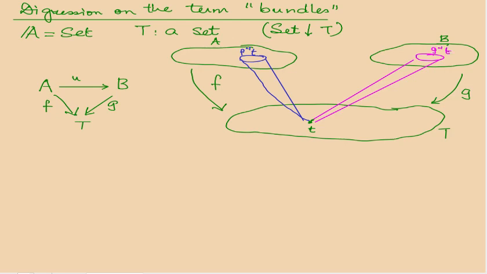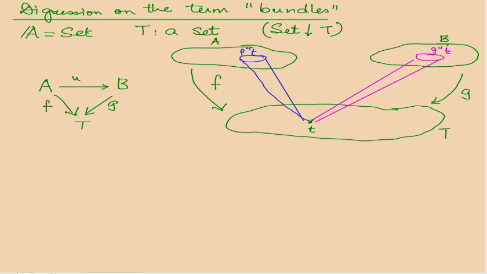F is completely determined by this set of bundles as we vary our T over this set T. So functions are completely determined by those bundles, the picture over each element. And let us see what this map is doing.